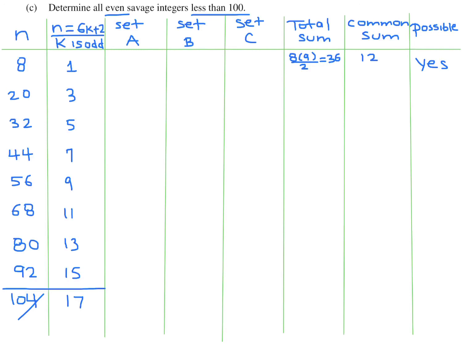Now, set C has all the multiples of 3, remember. So it had 3, 6, and that's it for n equals 8, right? So this sum is 9. And since it's a sum of 9, we need to add something to it from set B and set A. Remember? And that's the only way we can get it up to 12.